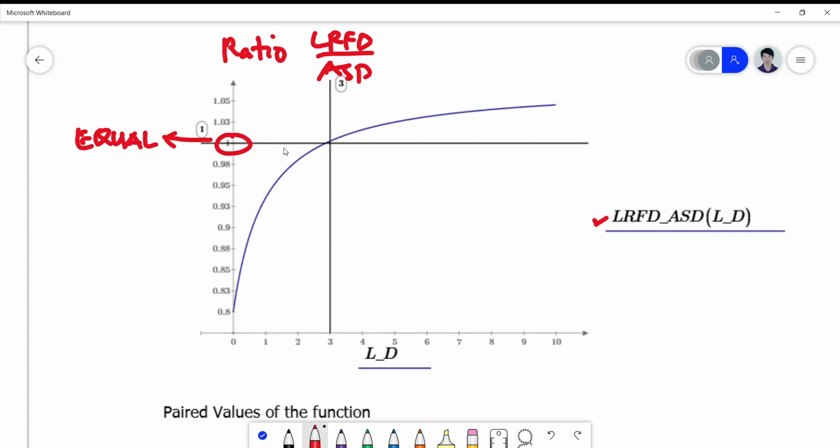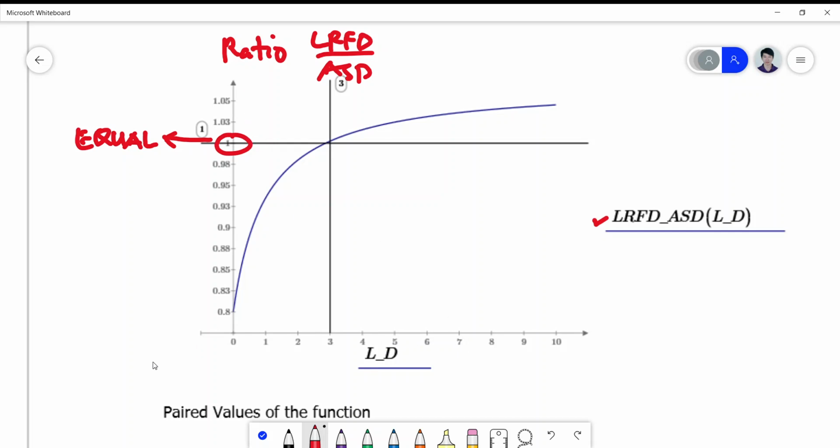So that is 1. Meaning to say at load ratios equal to 3, or more or less equal to 3, then LRFD and ASD are both economical and safe as compared. So yun ang ibig sabihin, ano? And then for load ratios less than 3, you get values less than 1, and load ratios greater than 3, you get values greater than 1.